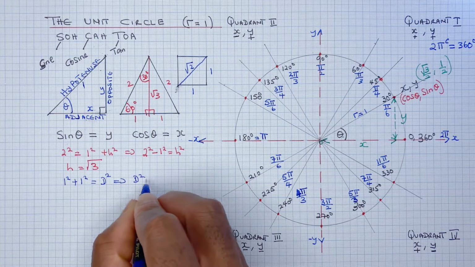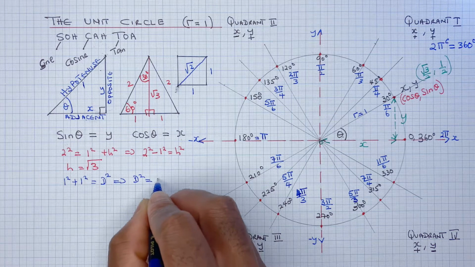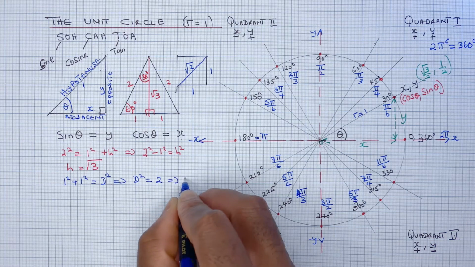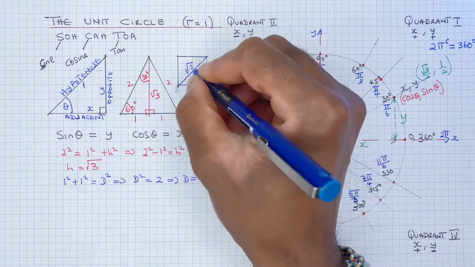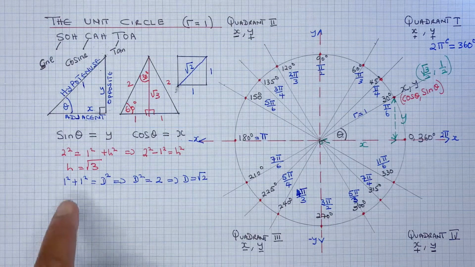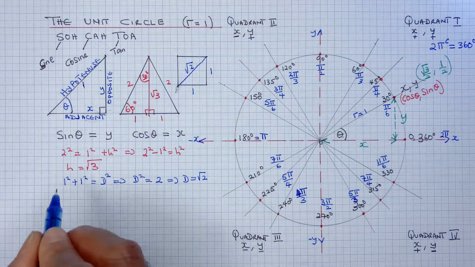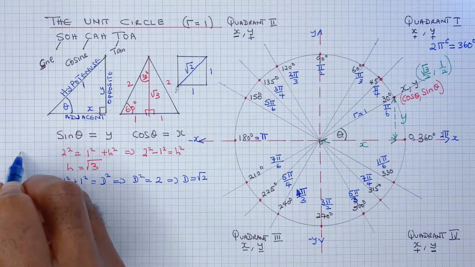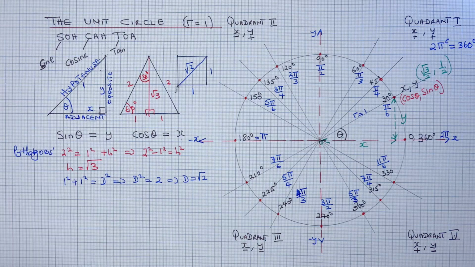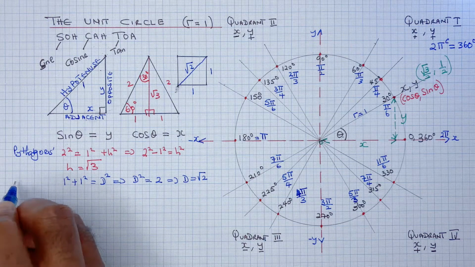So d squared equals 2, which implies that d equals root 2. So that's how I get the root of 2. Again, I'm using Pythagoras' theorem. So if in doubt, use Pythagoras' theorem. That's what I'm using there, and this one is also Pythagoras.